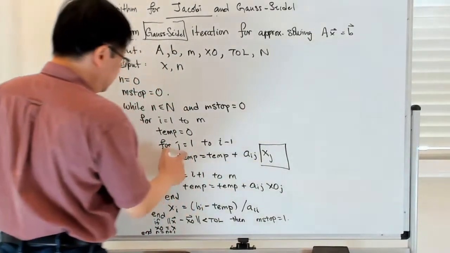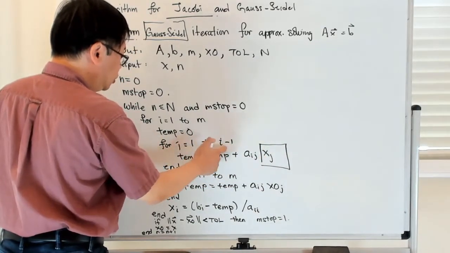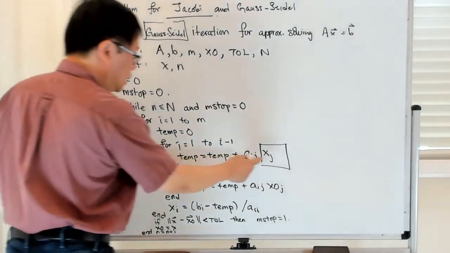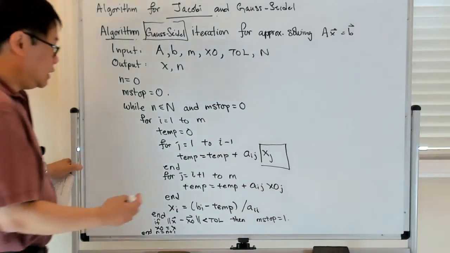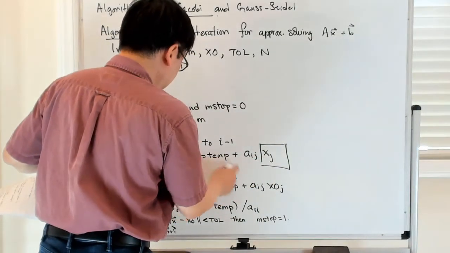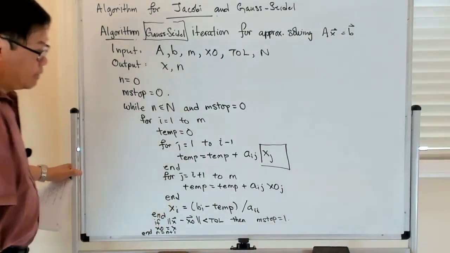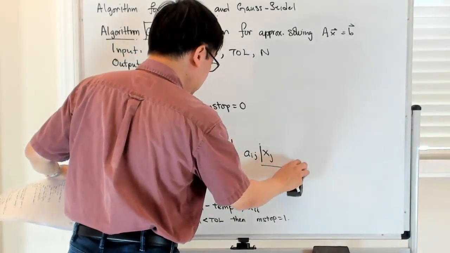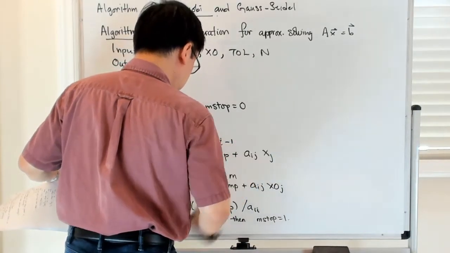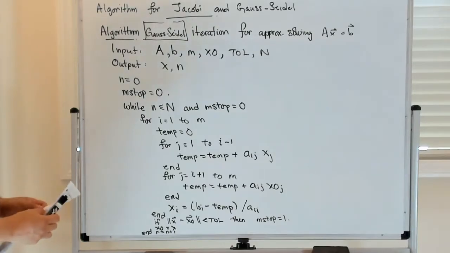So for all these entries which involve the x's from 1 to i minus 1, which were the things you've already computed, I can actually use x instead, the (n+1)-th iterate instead of the n-th iterate, to compute the (n+1)-th iterate for the i-th component. So that's literally the only difference in the code to go from Jacobi to Gauss-Seidel. That's relatively straightforward.